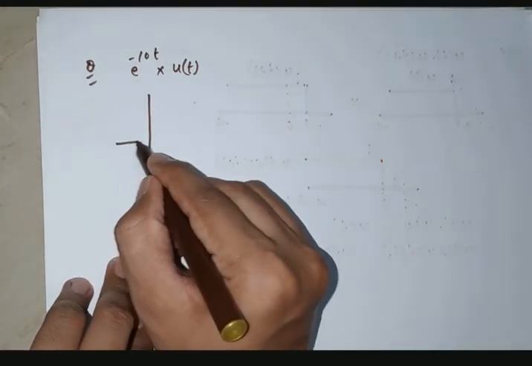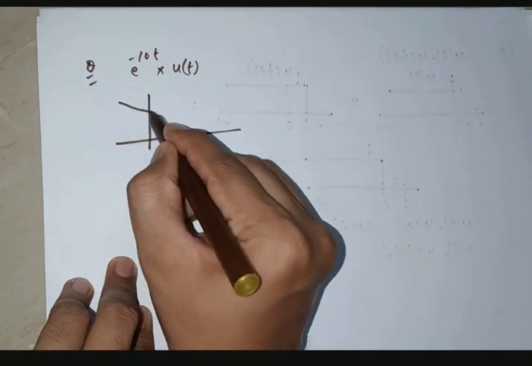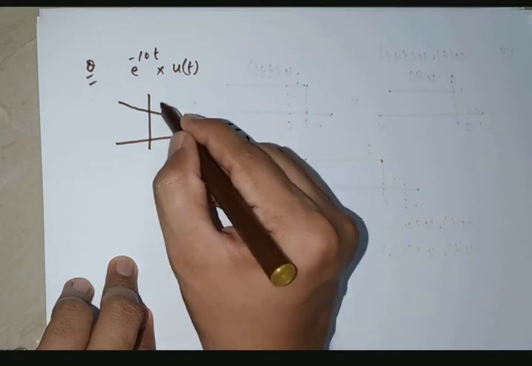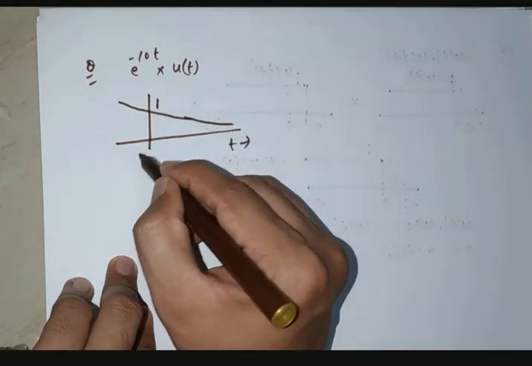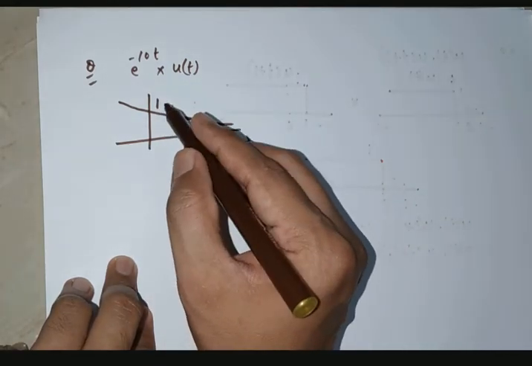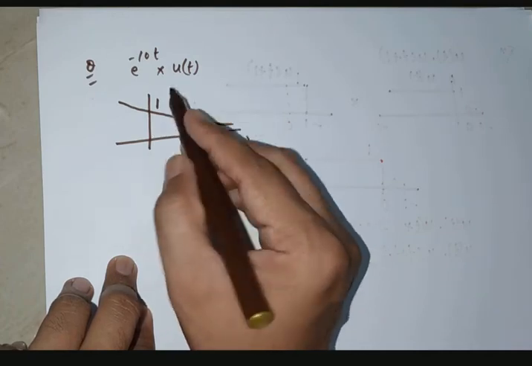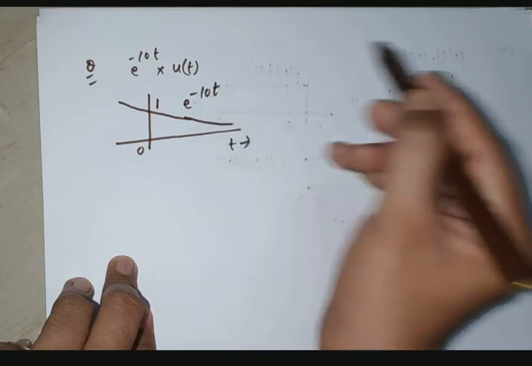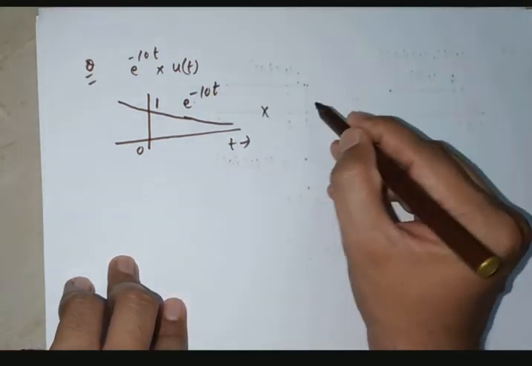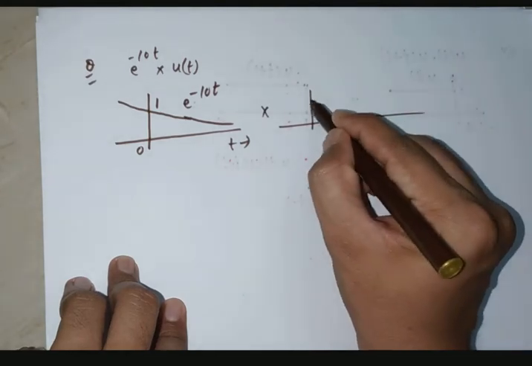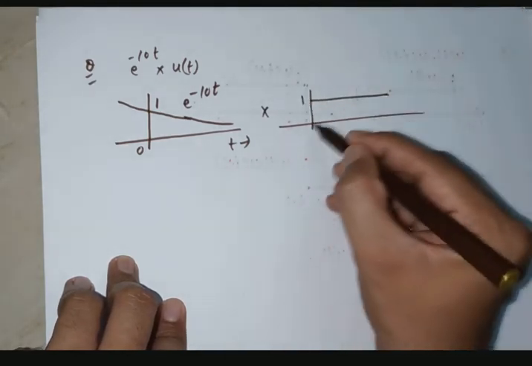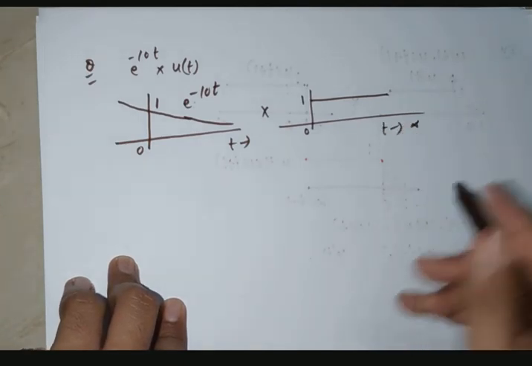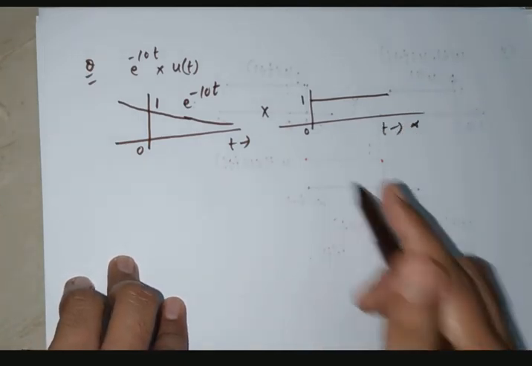This is your e^(-10t). Okay, now multiply with u(t).